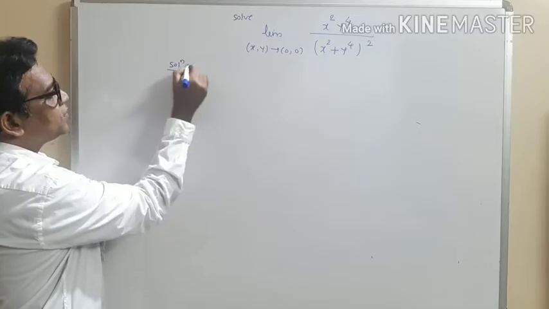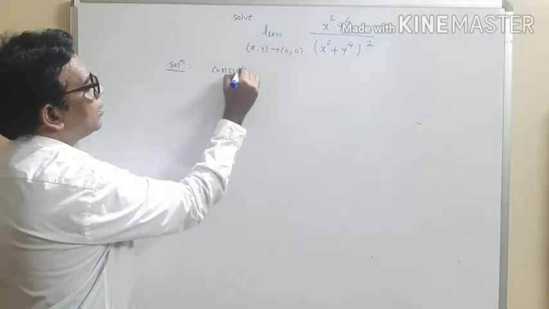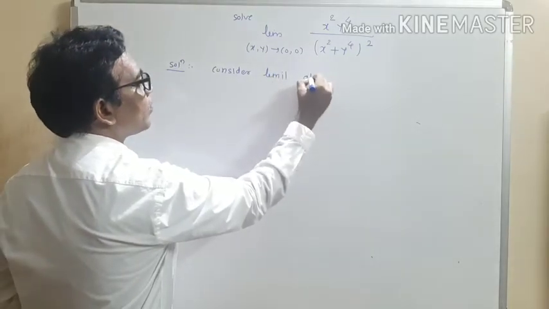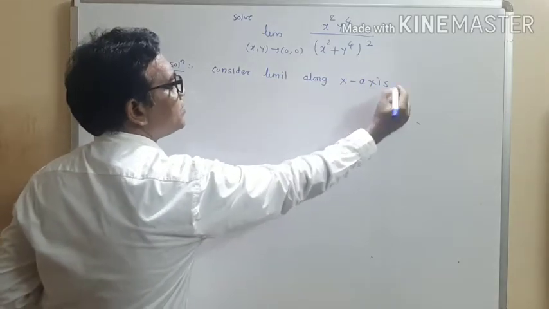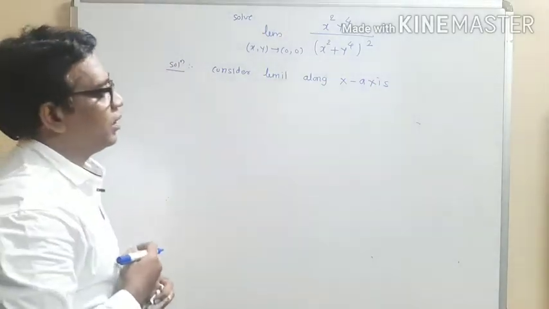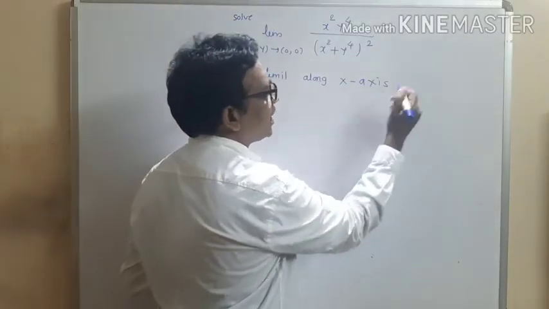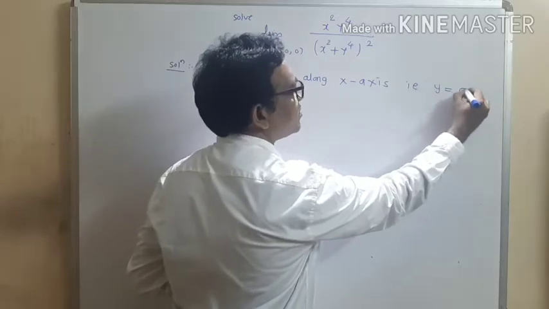So this is our solution. Consider the limit along first path, which is x-axis. So consider limit along x-axis, and what is the equation of x-axis? That is y is equal to 0.